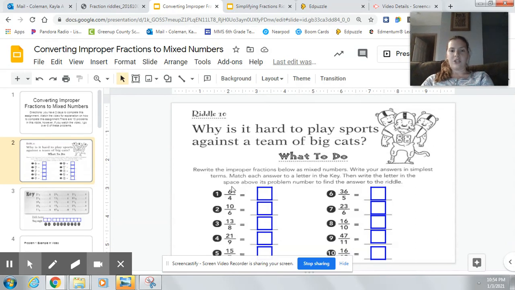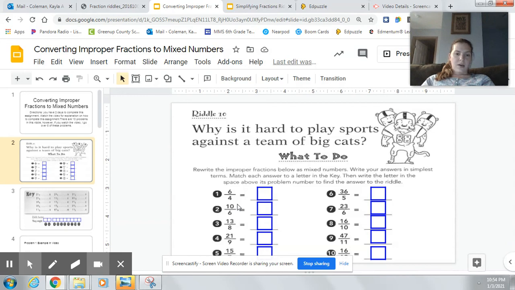That means fractions that have a larger numerator than the denominator, numbers that are fractions larger than one whole. And you're changing them into mixed numbers, a number that has a whole number plus a fraction remaining. So we're going to work on converting. This is needed in order to simplify fractions after you get your answer with adding, subtracting, multiplying, and dividing.